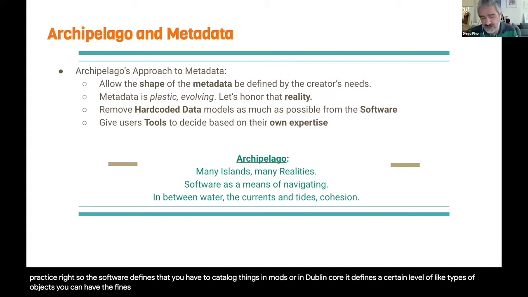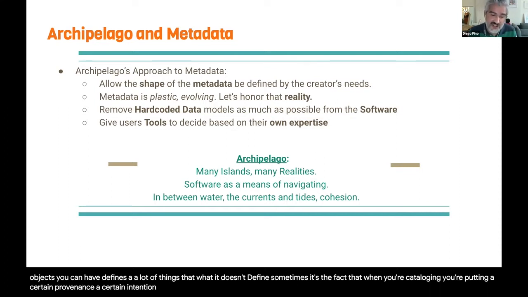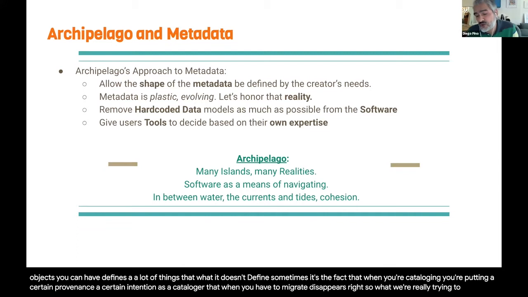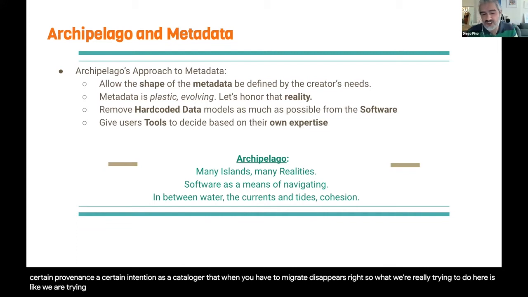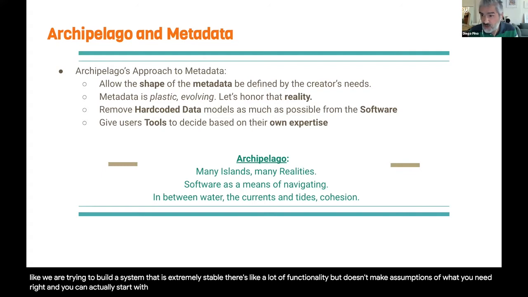It defines a lot of things, but what it sometimes doesn't define is the fact that when you're cataloging, you're putting in a certain provenance, a certain intention as a cataloger, that disappears when you have to migrate, right? So what we're really trying to do here is build a system that is extremely stable, that has a lot of functionality, but doesn't make assumptions about what you need, right? And you can start with something, but then evolve as your metadata evolves.